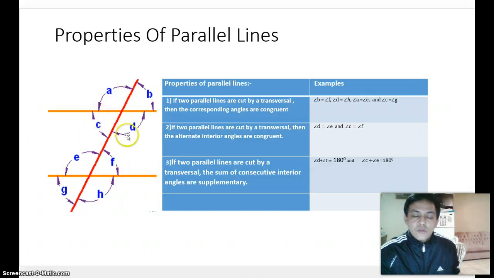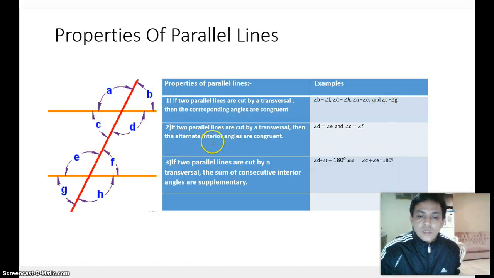That's the first property of parallel lines. Angle B should be equal to angle F, angle D equal to angle H, angle A equal to angle E, and angle C equal to angle G. Then we can say these two lines are parallel.